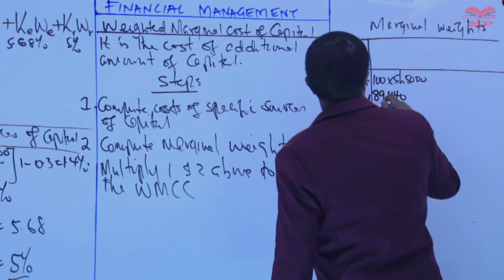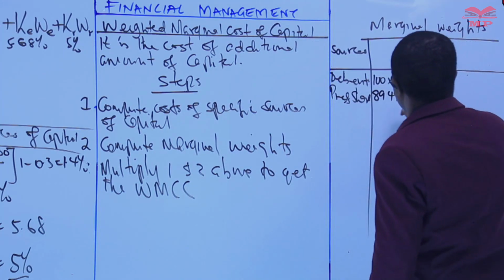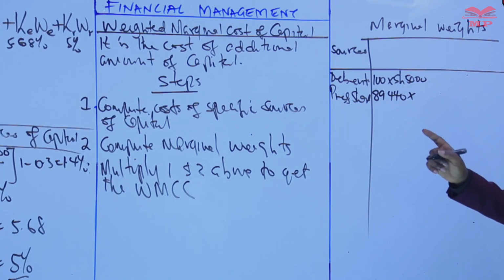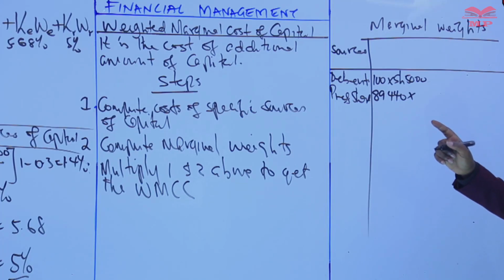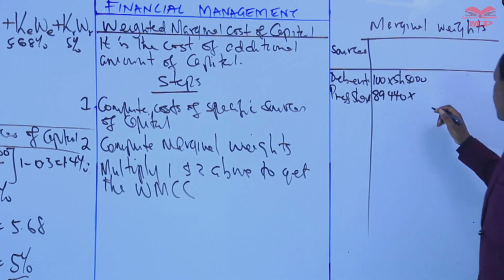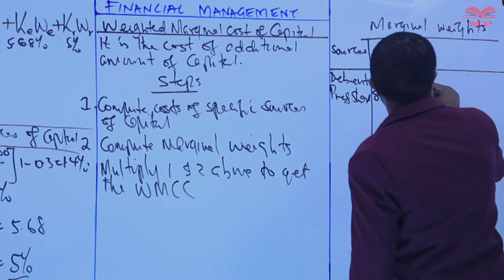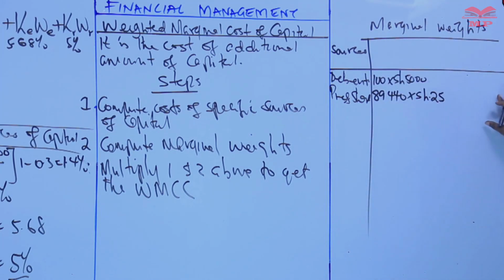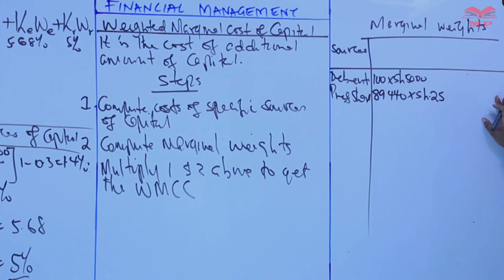The company is going to sell each preference share at 25 shillings. So if you multiply these two, we'll get the amount, the value.